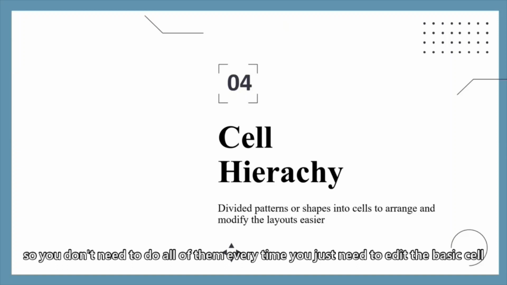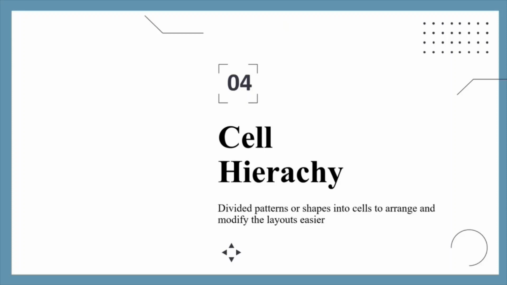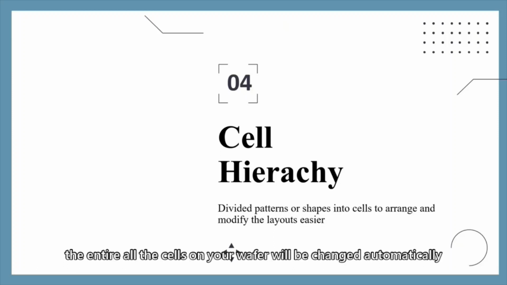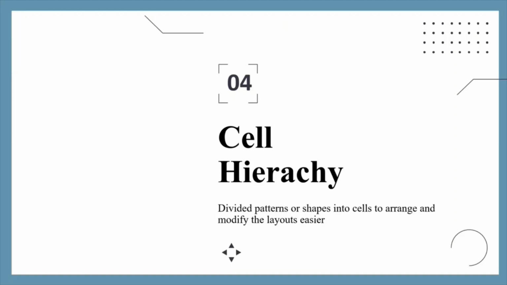You just need to edit the basic cells, then all the changes go to the entire layout. Like if your layout has 10 cells and you change the cell, all the cells on your wafer will be changed automatically. So you don't have to change things one by one or create a cell array again. It could save you a lot of time.